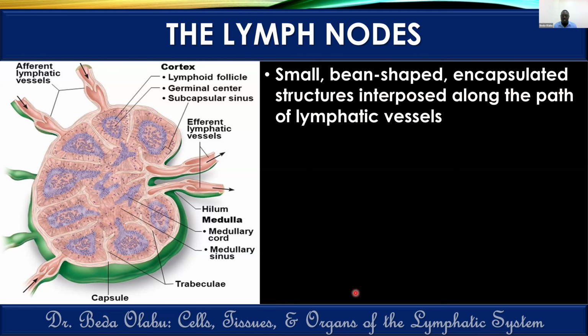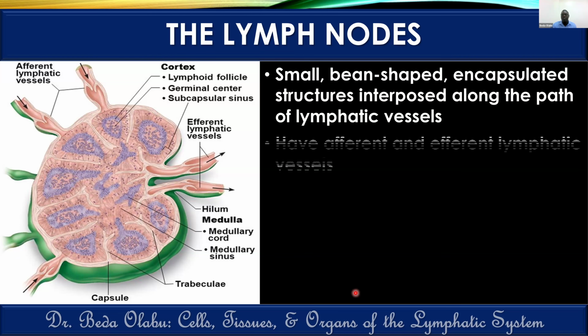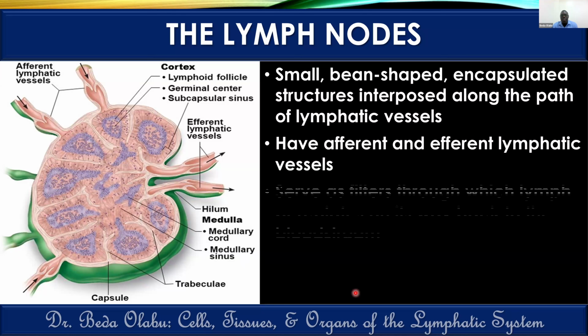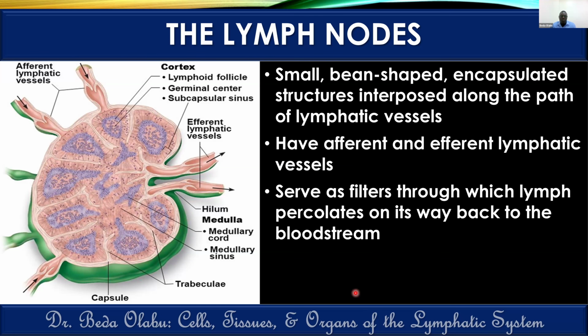If anything, they may only have efferent lymphatics, but they don't have afferent lymphatics. However, the lymph nodes do have afferent and efferent lymphatic vessels because they intercept the lymph vessels. Very important. So their role will be to filter the lymph that percolates through them as that lymph goes to the bloodstream.